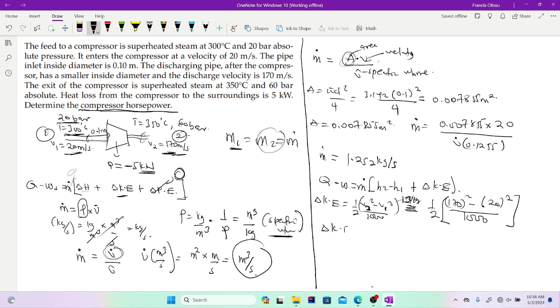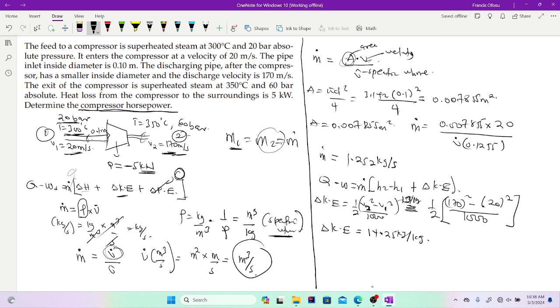So change in kinetic energy becomes 14.25 kilojoules per kilogram.